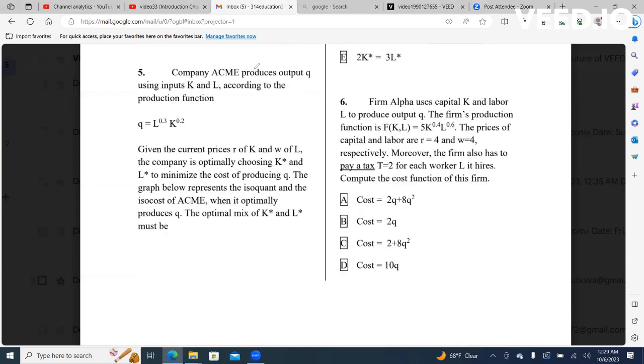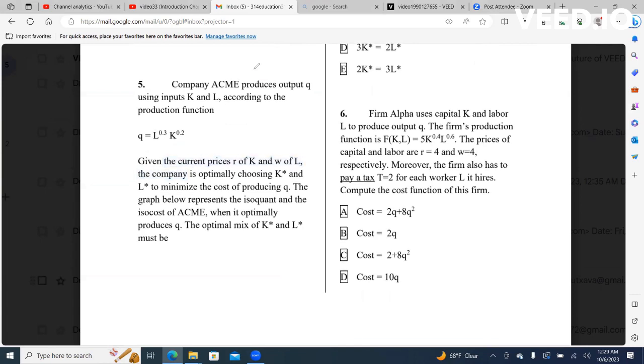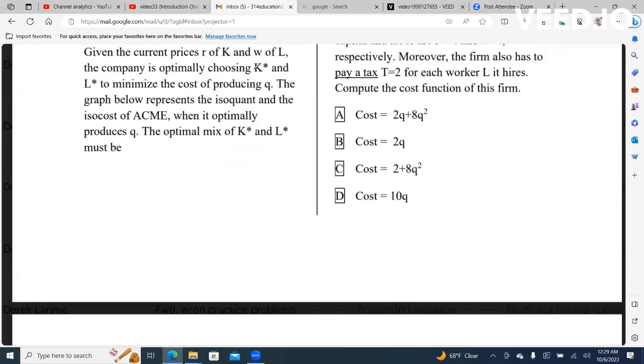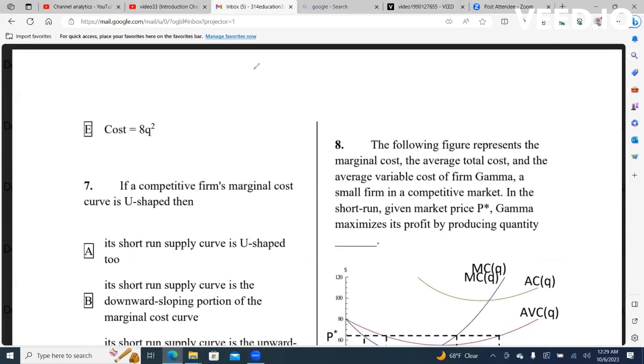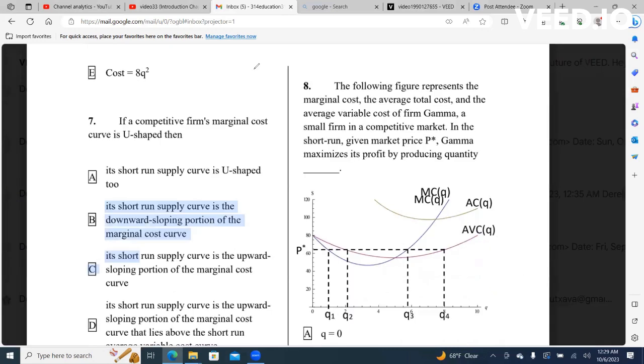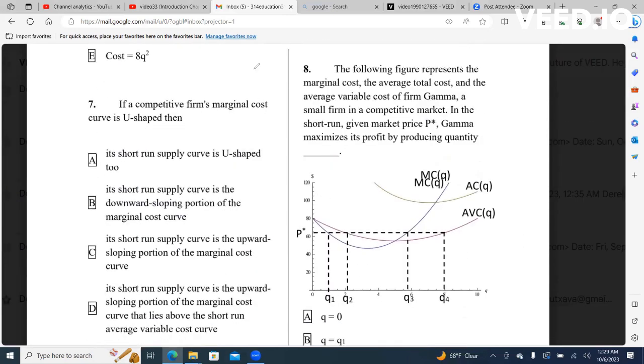Problem 4, problem 5 goes on to that. Looks a lot harder than it is, actually pretty easy. A lot of it is fun. Problem number 6, a lot of them are just fun algebra problems. Some of them are analyzing graphs and definitions and things like that. That's number 7. That's number 8.